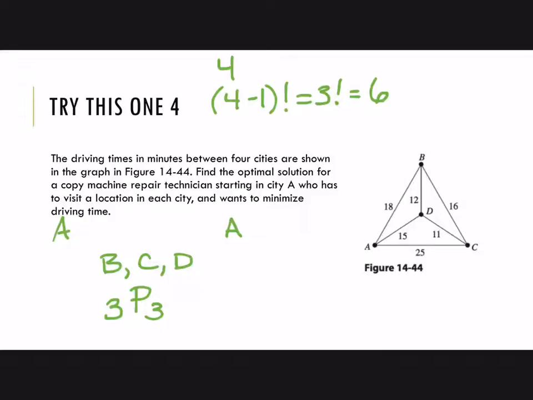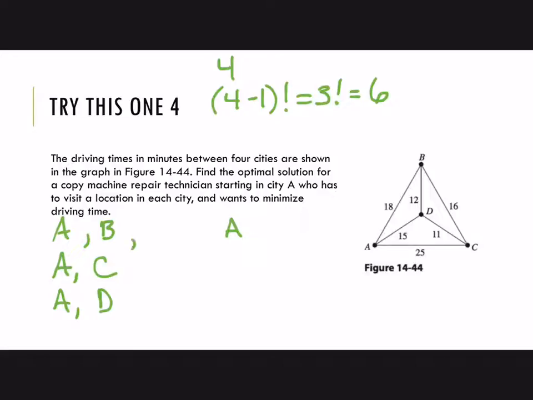Okay, so what are they? Well, we've got 3 options for what city could come next. It could be B, or it could be C, or it could be D. If it's B, then we could do CD next, or I could do DC.